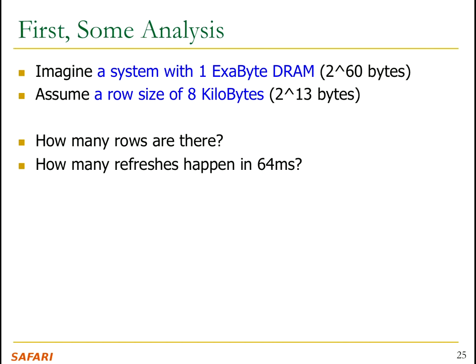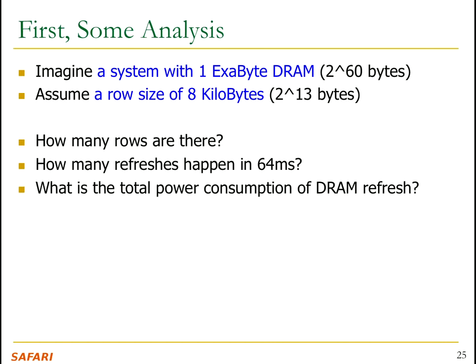That sounds bad. Now it's a harder question, and I'm not going to give you the answer. What is the total power consumption of DRAM refresh in this system? Well, to be able to get this, you need to take 2 to the 37 and multiply it with the power it takes to do a single refresh. And you can find this number somewhere. And if you're really curious, you'll do this assignment.